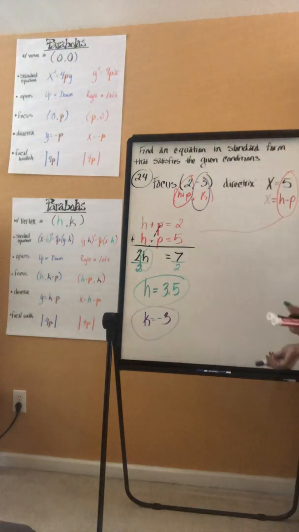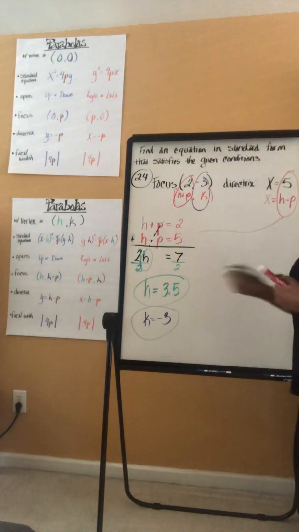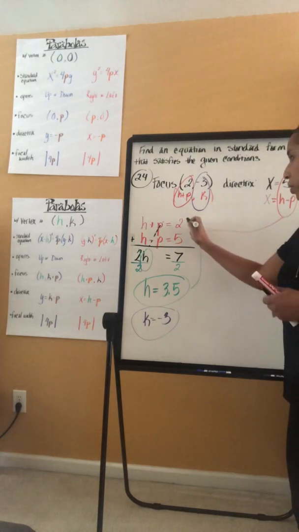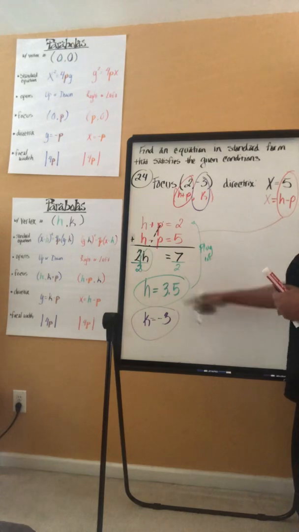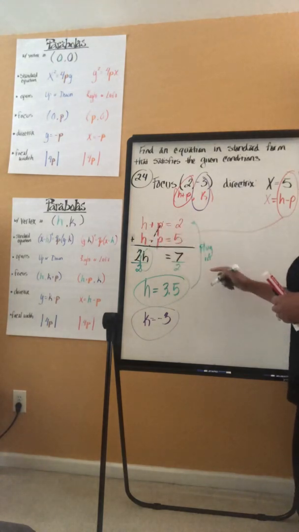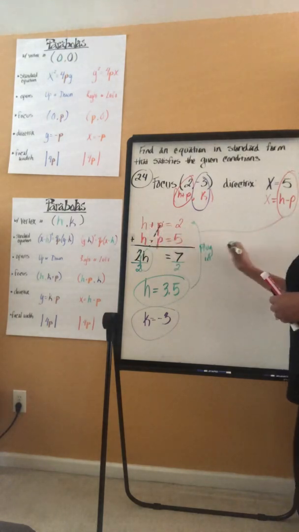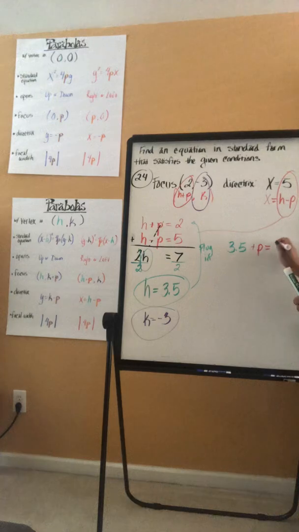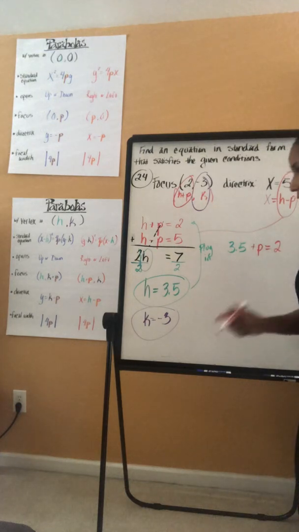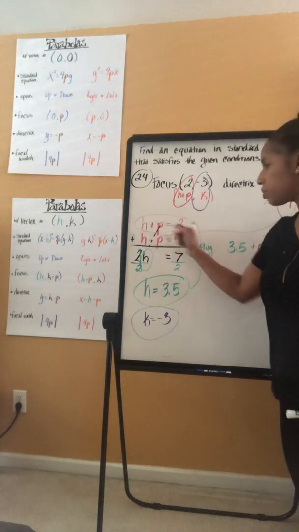So what I can do is plug it back in. It doesn't really matter which one. Instead of H plus P equals 2, H is 3.5, so 3.5 plus P equals 2. You with me? I just plugged it into the top one; you could have plugged it into the bottom one.